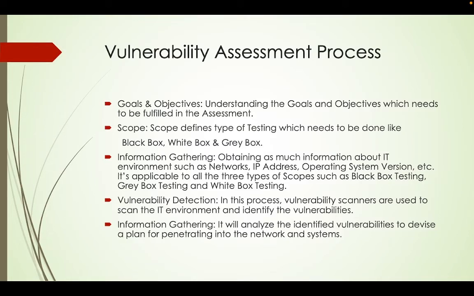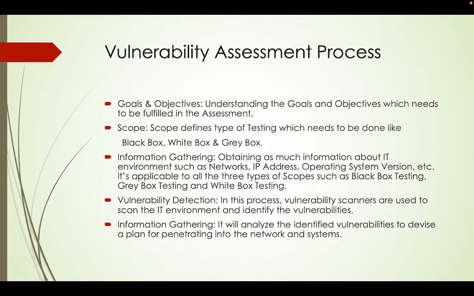Once that is finalized, we proceed with information gathering, which is one of the main phases. In information gathering, we try to find out the networks, IP addresses, the operating system on which the application is hosted, what programming languages have been used, their versions, and so on.